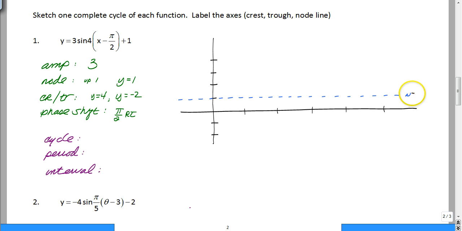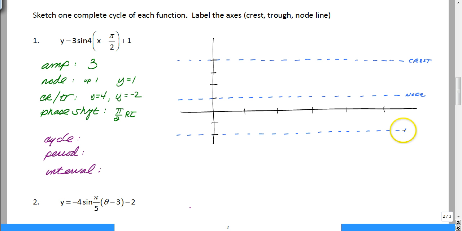That's y equals 1. That's our node. And then we're also going to put a horizontal line at y equals 4. That's our crest. And then we're going to do another horizontal line at y equals -2, which is our trough. So we have our crest, our node, and our trough.